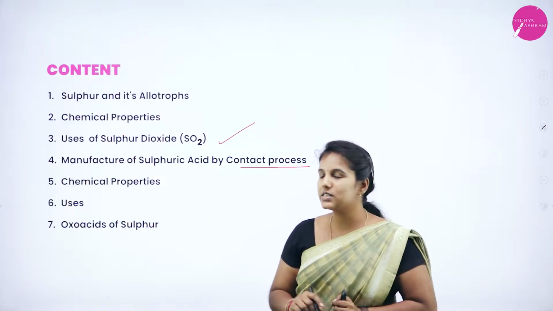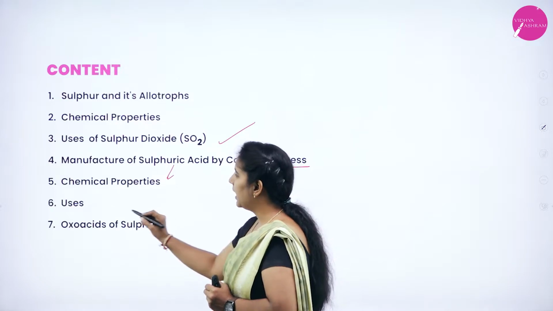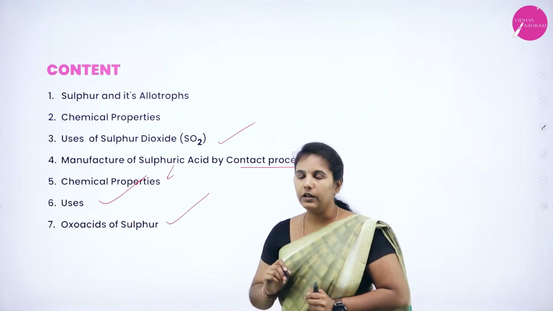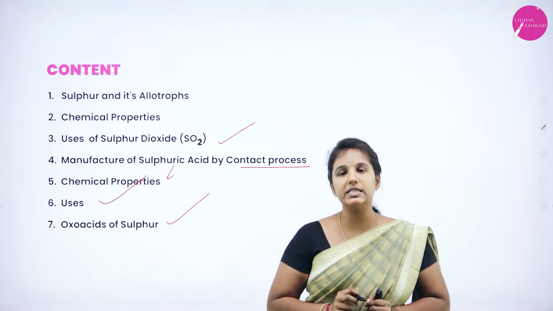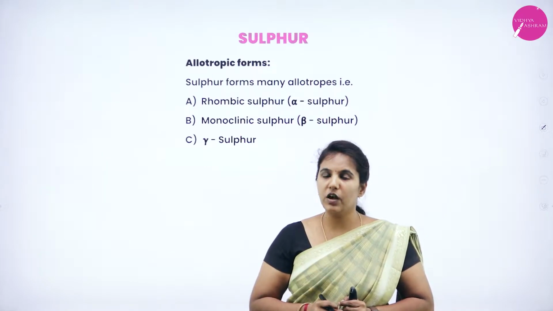We are also going to discuss the chemical properties of sulfuric acid and its uses, and the oxoacids of sulfur in this session. So firstly, we will see what the allotropes of sulfur are.